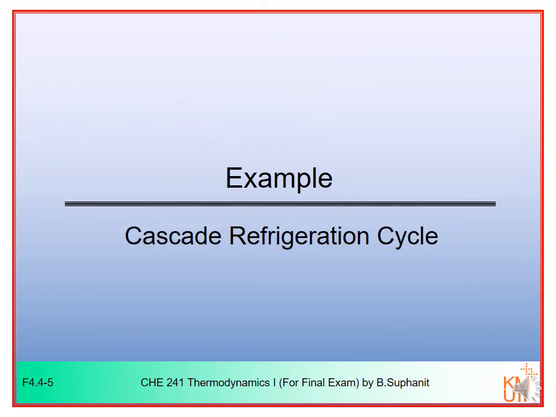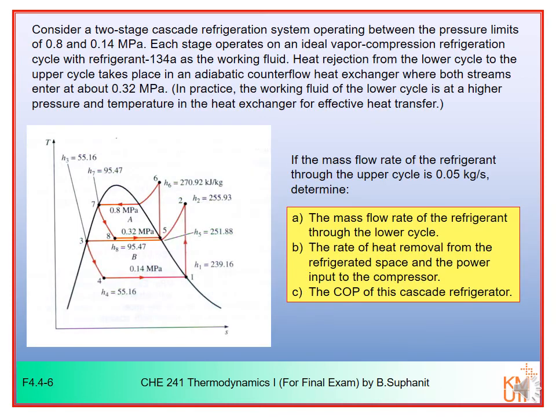Now let's have a look at an example on the cascade refrigeration cycle. Now consider a two-stage cascade refrigeration system. Actually, we could have more than two stages. We may have 3 or 4 stages in cascade.